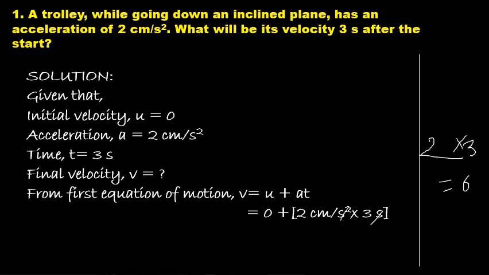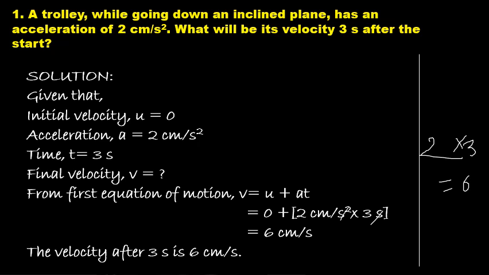So what remains is centimeter per second. So the result is 6 centimeter per second. That means the velocity after 3 seconds from the start is 6 centimeter per second, which is the result of this question.